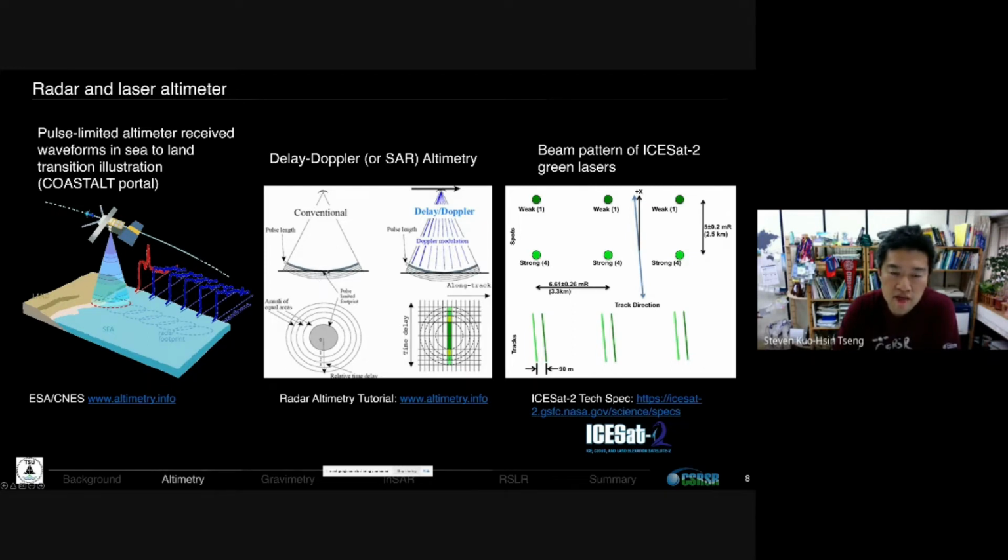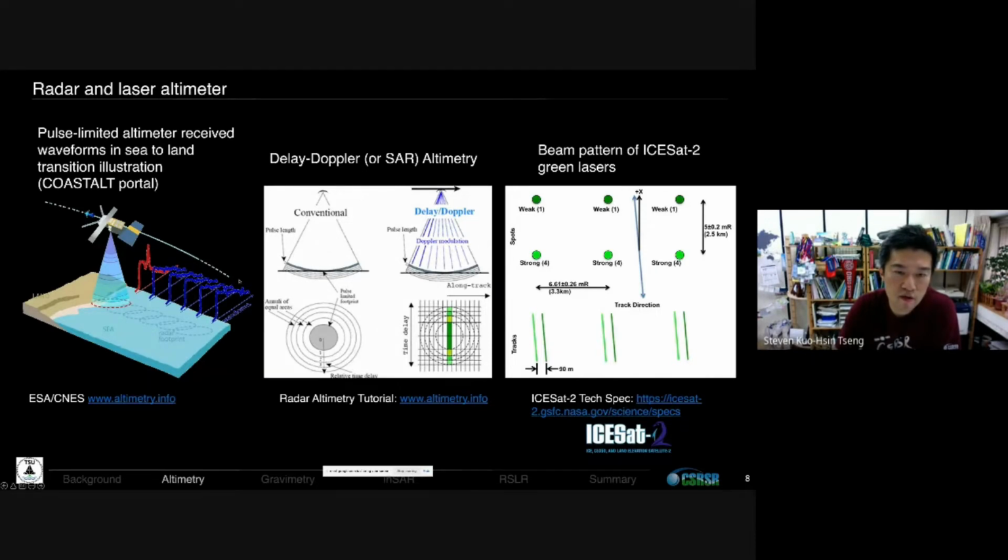As the signal expands in time, the first reflection will be from the center, and later on, in the next some nano to microseconds, the signal propagates from the center to the edge. Then the satellite continuously receives the signal to form this so-called waveform.